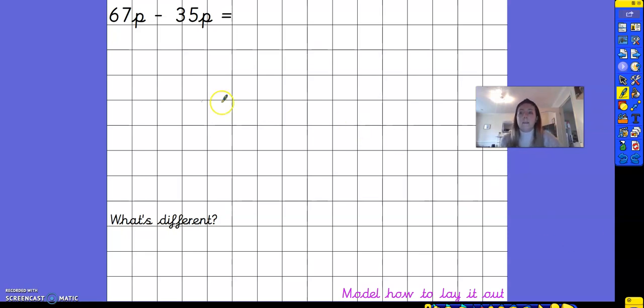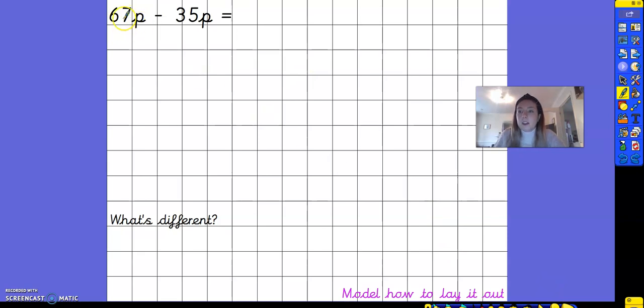I've added a measure to my number sentence, and this one means pence, like when we looked at money. So you've got 67p, take away 35p. And I'm going to show you how we'd like you to lay out your workings for today's lesson.